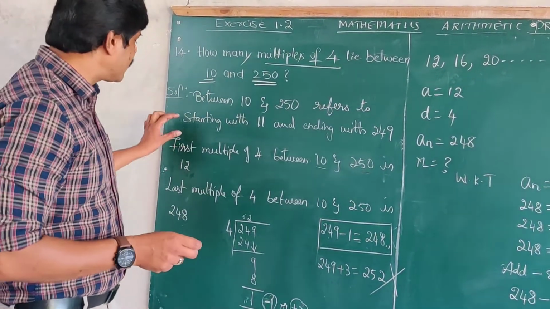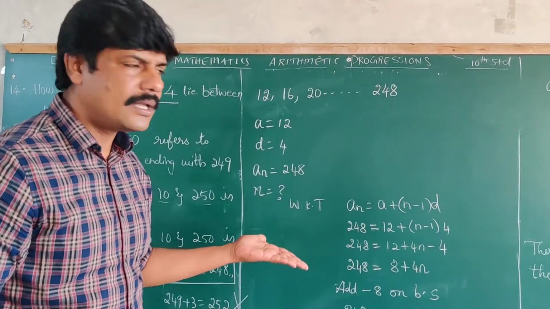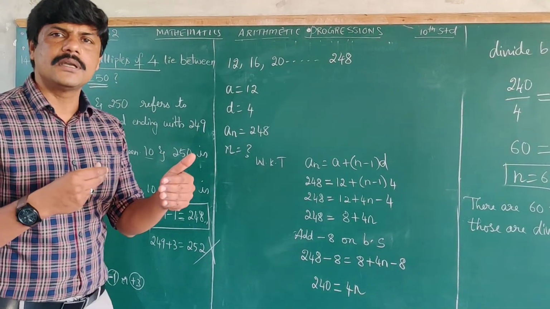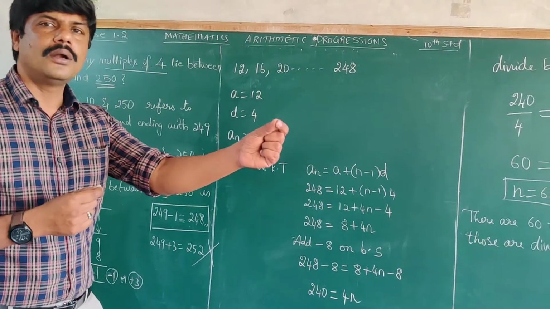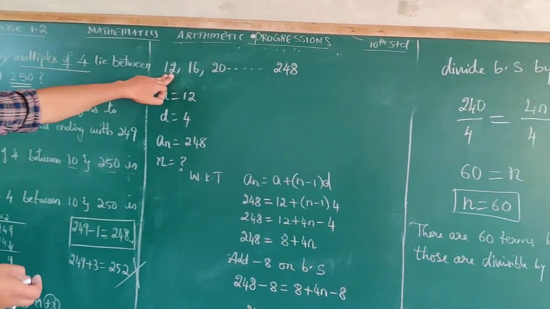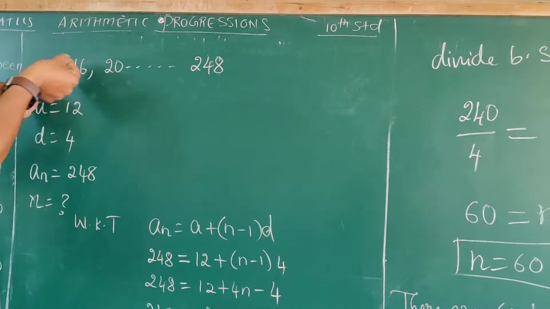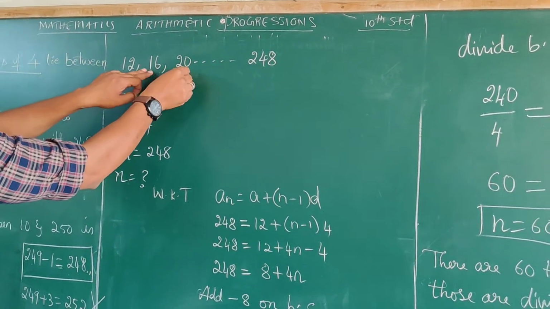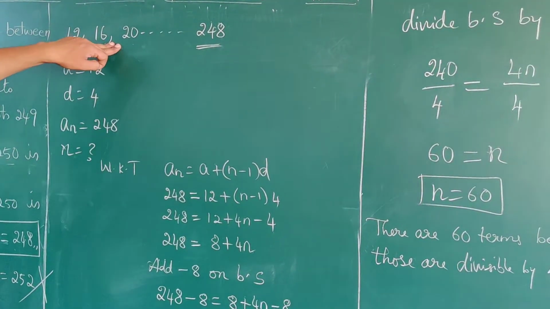Once we get the first number and the last number, we can apply the arithmetic progression. Then we will easily get how many terms are there which are multiples of 4 between 10 and 250. Now, the first term is 12, which is a multiple of 4. The next multiple of 4: just add 4 to 12, we get 16. Again add 4 to 16, we get 20, etc. The last number is 248.